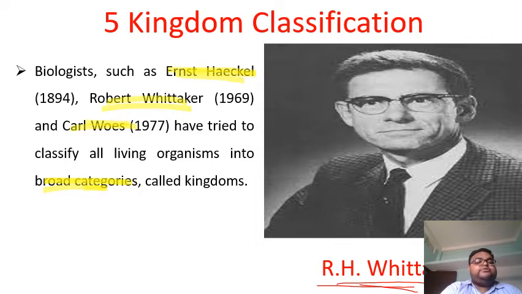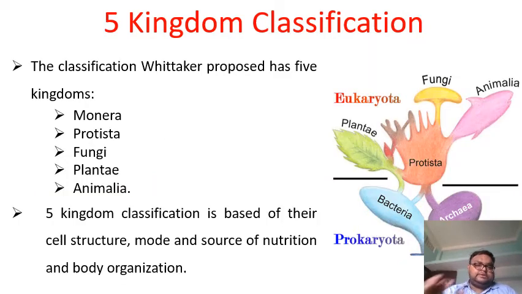These broad categories we call kingdoms. Understood, students? What do we call these broad categories? We call these broad categories kingdoms. So how many kingdoms are there? The classification Whitaker proposed has 5 kingdoms.